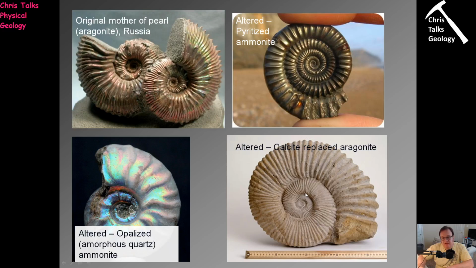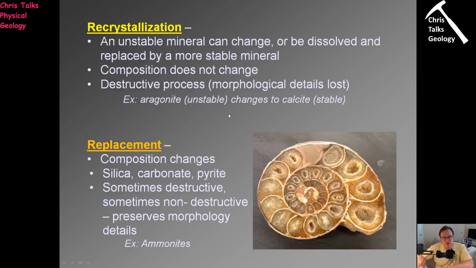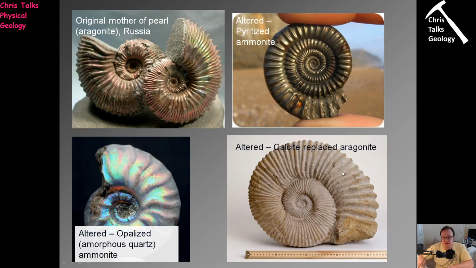But once again, you haven't altered the chemical formula of the shell. It's still calcium carbonate, even though you have changed the mineral. In this case, you haven't lost any detail, but sometimes when you recrystallize a fossil, you can lose some of the detail. But you will notice in both of these cases, these replacement fossils have retained the original features of the fossil that they replaced.